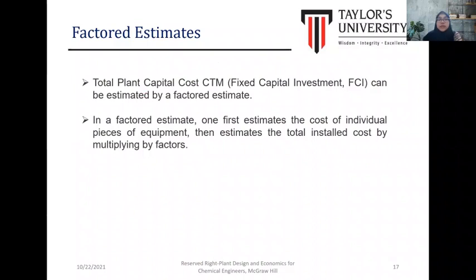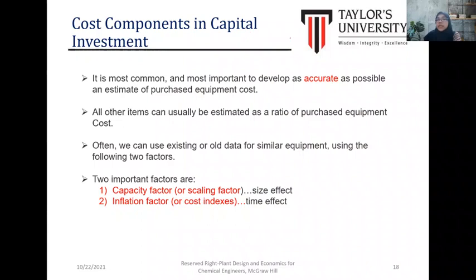Okay, for the factor estimate, the total plant capital cost or CPM or the fixed capital investment or FCI can be estimated using a factor estimate. Okay, in factor estimate, one estimates the cost of the individual pieces of equipment, and then we can estimate the total installed cost by multiplying by the factor. Okay, for the cost components in capital investment, this is the most common or important method used in estimating the cost of the purchase equipment.